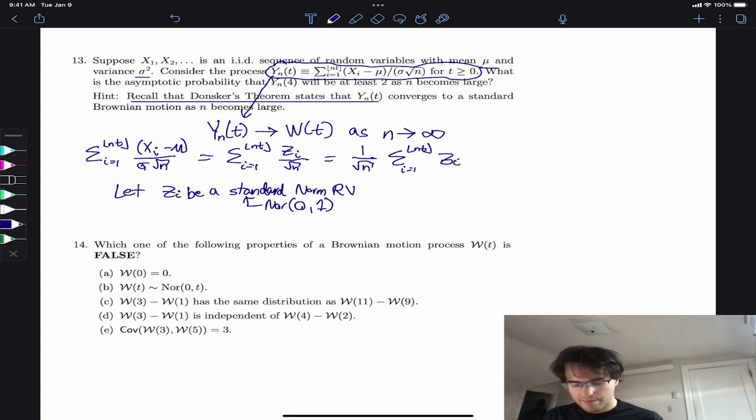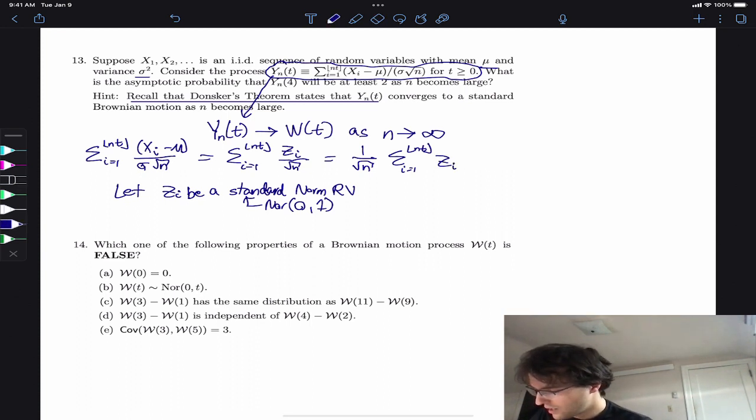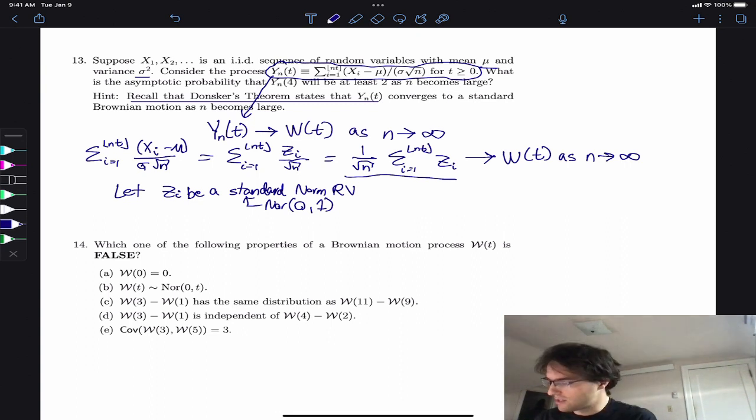At this point, one of the lecture slides in the Brownian motion part of the class mentions that, let me rewrite this so it's more legible, this basically approaches the W of t distribution as n approaches infinity. That's the long way of how we got here.